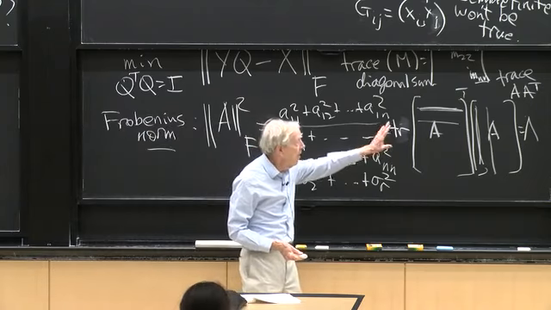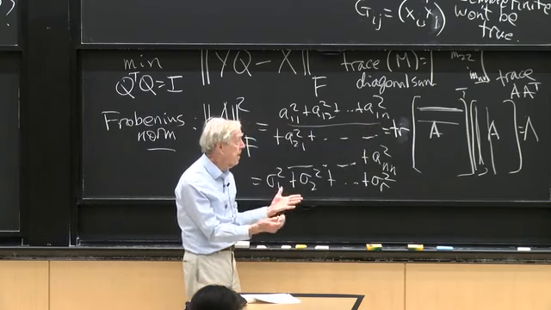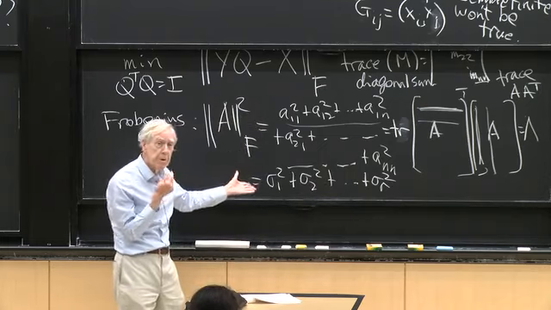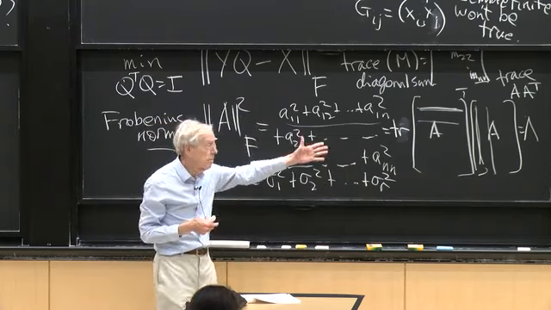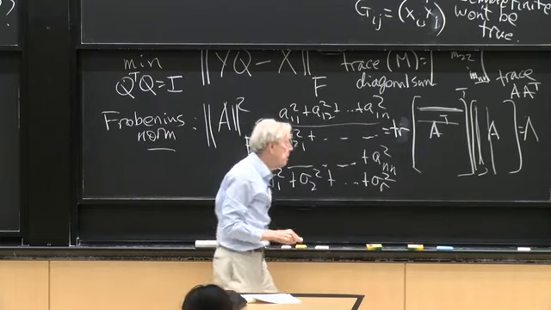The nice ones involve A transpose A or AA transpose. And of course, that connects to the singular values, because what's the connection between singular values and A transpose A or AA transpose?